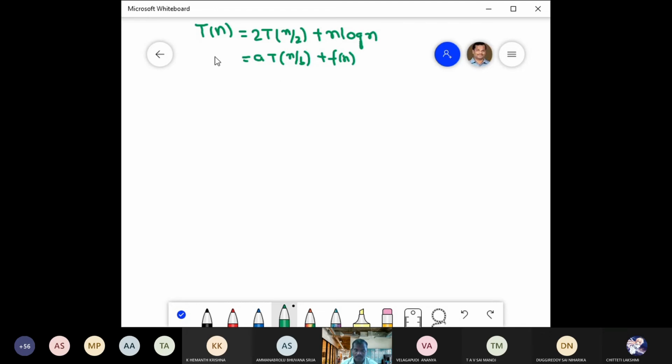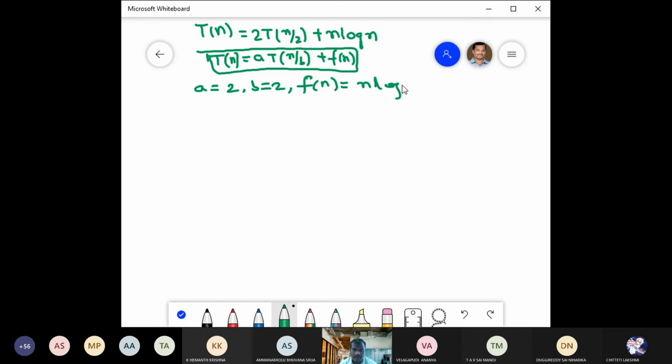Because it is in this form, we can apply Master's theorem, right? First thing is check whether Master's theorem can be applied or not. Master's theorem is applied only when the given equation is a into T of n by b plus f of n, right? So here what is a value? A value is 2. What is b value? B value is 2. What is f of n?